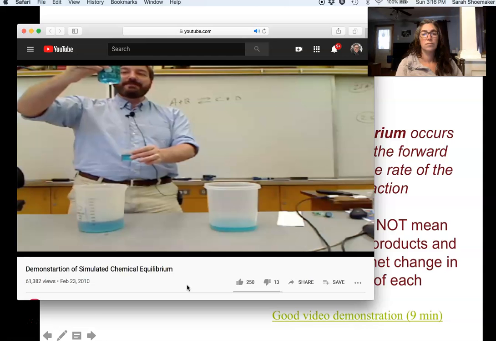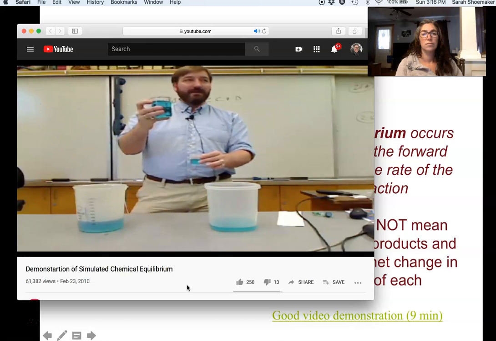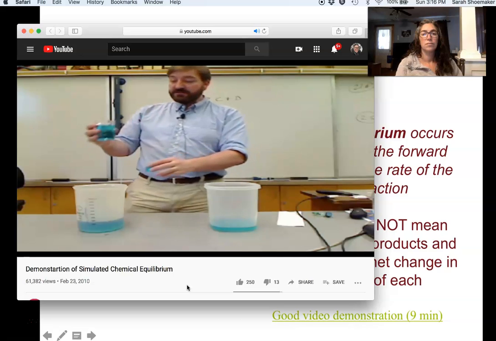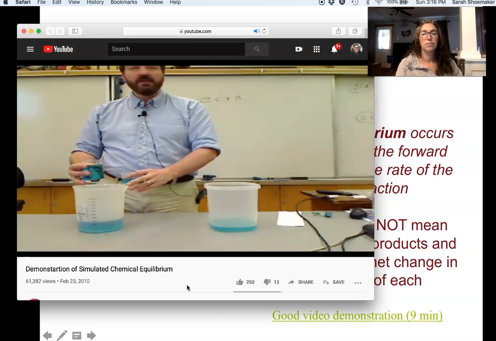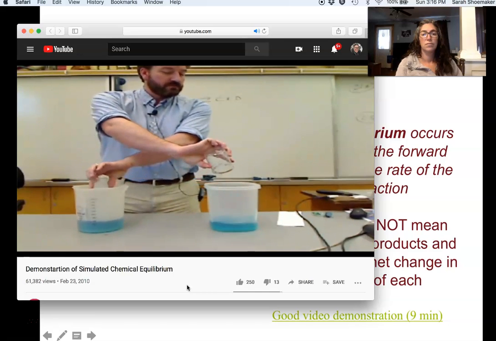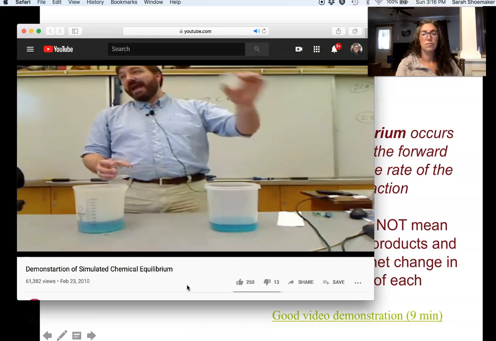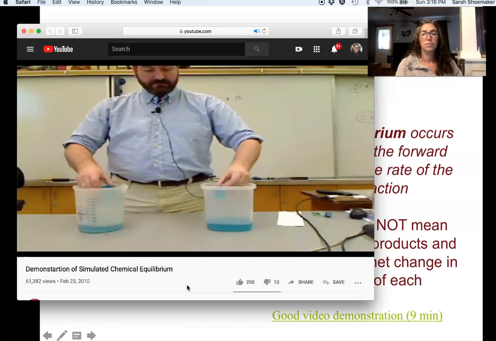Notice what happened to the amount in this beaker. Did it go up or down? It went down. Why would it go down? The concentration of my reactants is decreasing, so the rate is decreasing. So I pour, the rate of the forward reaction is decreasing, while the rate of the reverse reaction is increasing.